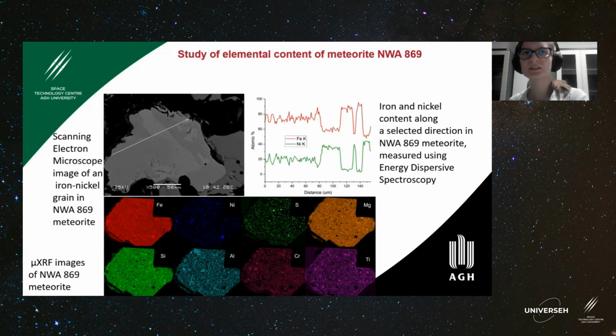And here is a high-resolution image of an iron nickel grain in this meteorite, along with the abundances of those two metals, and identifying kamacite and taenite, which are the two crystalline forms of iron, also tells us quite a lot about the history of such a meteorite, because as I said, metallic iron usually doesn't naturally occur on Earth.